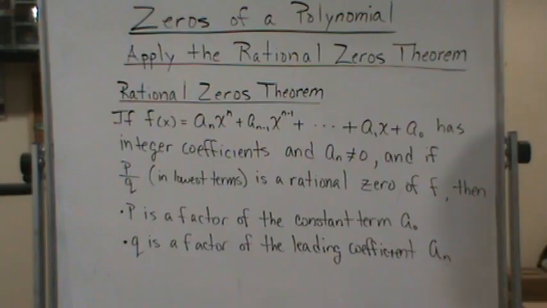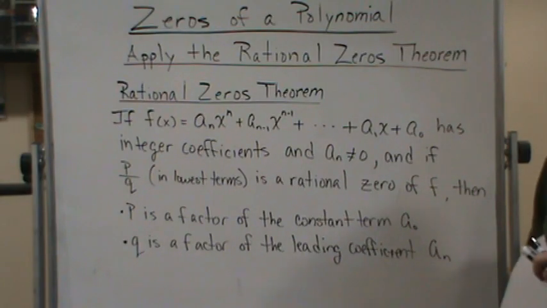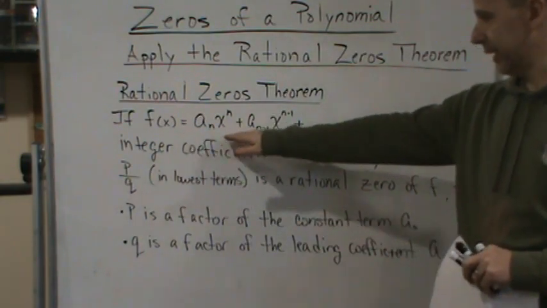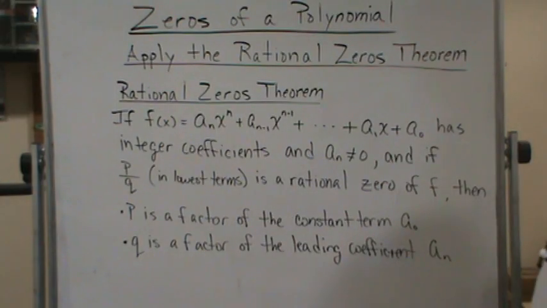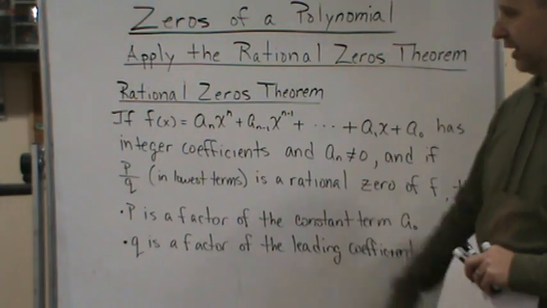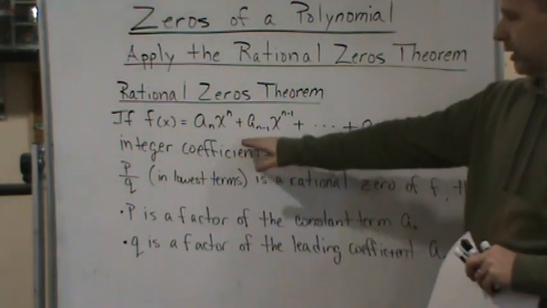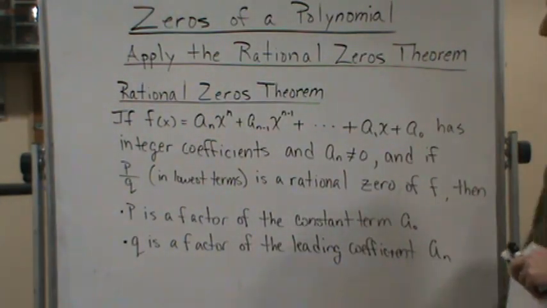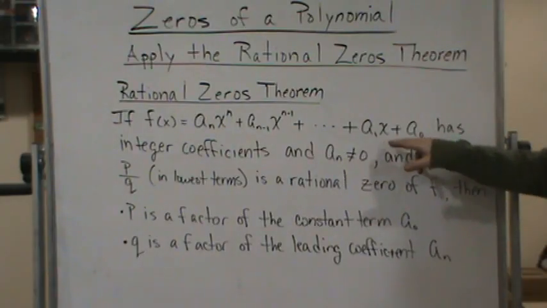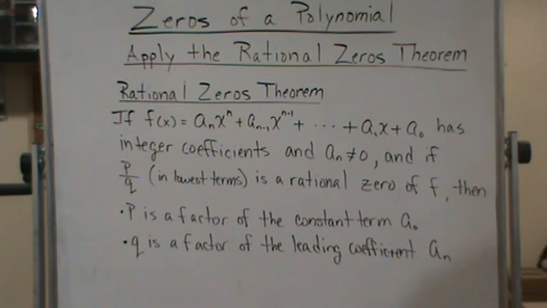And so the theorem states that if we have a polynomial like this, right? So we have a sub n times x to the nth power plus a sub n minus 1 times x to the n minus 1 power, all the way down to the constant term a sub 0.